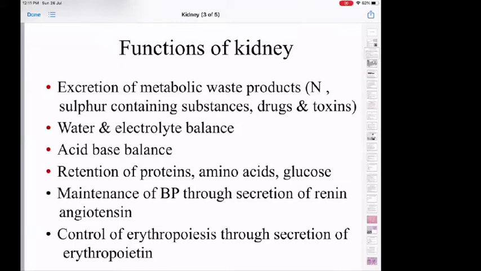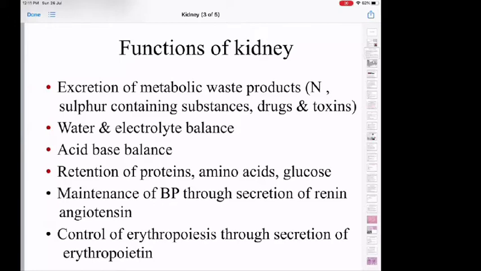Fourth function is the maintenance of BP. BP means blood pressure, through secretion of the renin-angiotensin system. Renin-angiotensin is an enzyme, and it causes constriction of the blood vessels. So by constriction of blood vessels of kidney, it maintains the blood pressure.